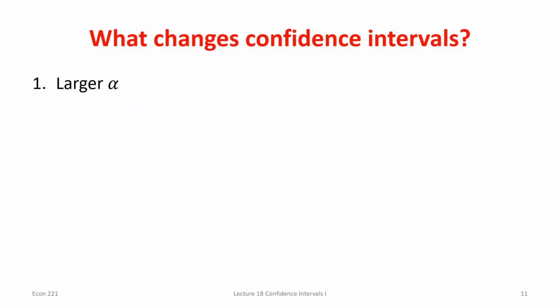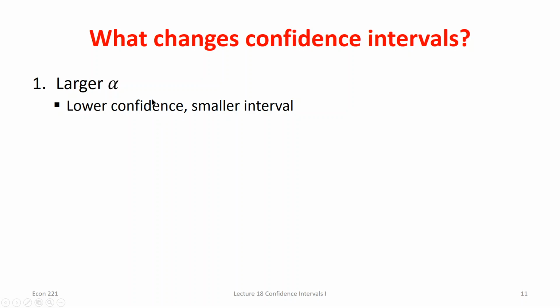So what are things that would change our confidence interval? Well, I think the easiest one, and I'll show you one in a second, is if we have a larger alpha, that's just going to mean that we're choosing a lower level of confidence. Because if we said, I want the 90% confidence level, well, that's an alpha of 0.1. A 99% confidence level would be an alpha of 0.01.